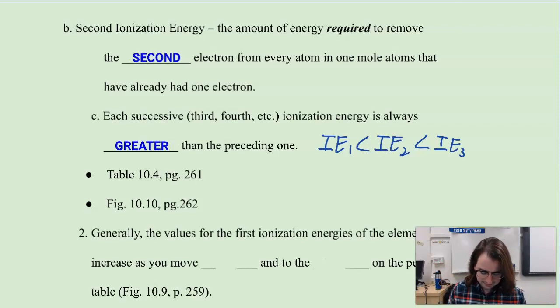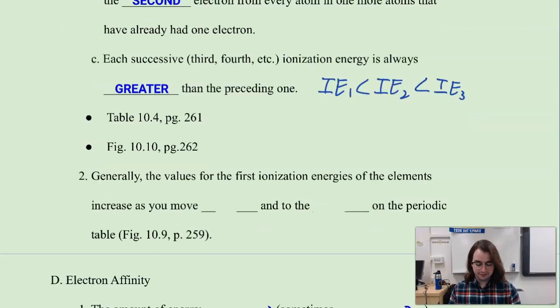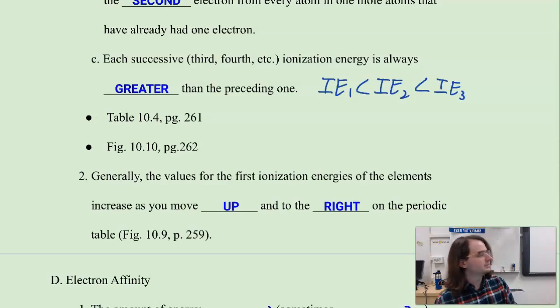Now, if we're talking about just general trends, ionization energy increases as we go up and to the right, meaning that fluorine has one of the highest ionization energies. Or excuse me, I'm sorry, I'm thinking of electronegativity. The noble gases have the highest ionization energy because the noble gases are the most resistant to removing electrons because they want to keep that full set of electrons around them.